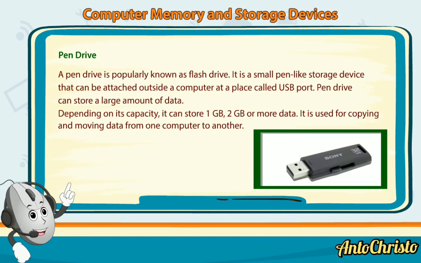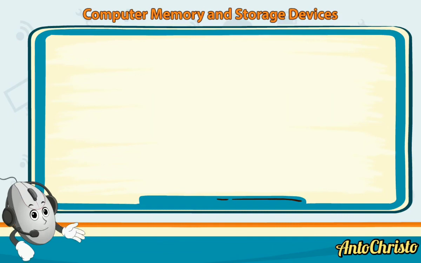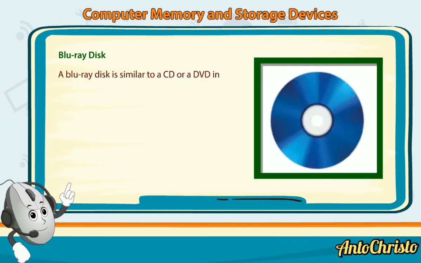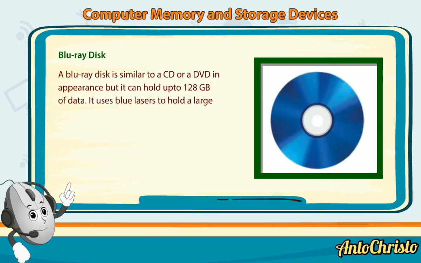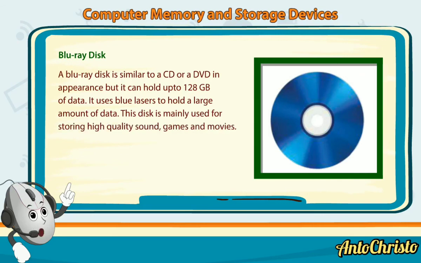It is used for copying and moving data from one computer to another. Blu-ray disc. A Blu-ray disc is similar to a CD or DVD in appearance, but it can hold up to 128 GB of data. It uses blue lasers to hold a large amount of data. This disc is mainly used for storing high-quality sound, games and movies.